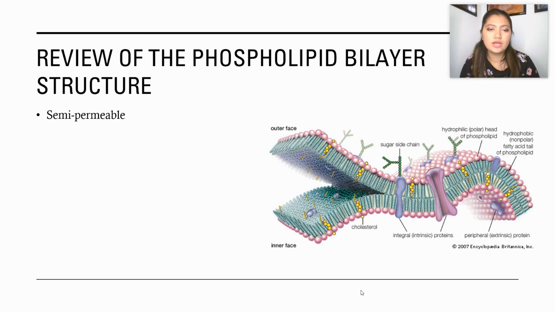Things such as large molecules and charged molecules cannot easily enter the membrane. For example, glucose is considered a large molecule, and we do need glucose for cellular respiration, so it goes in through a special way. An example of a charged particle would be ions, such as calcium, potassium, chlorine, stuff like that, right?